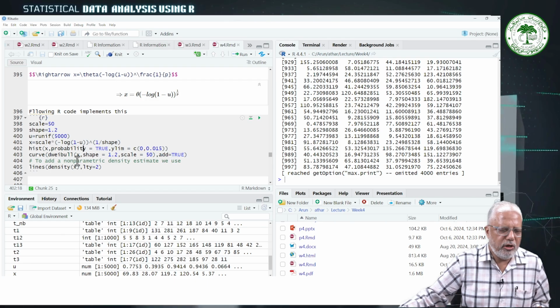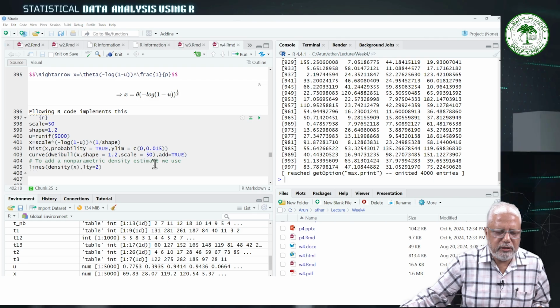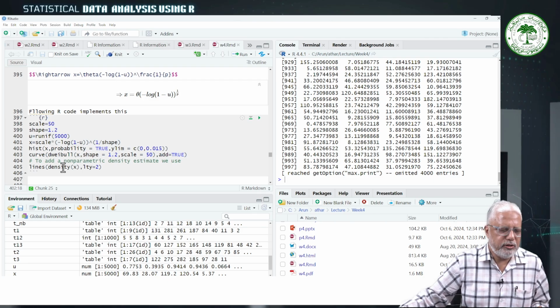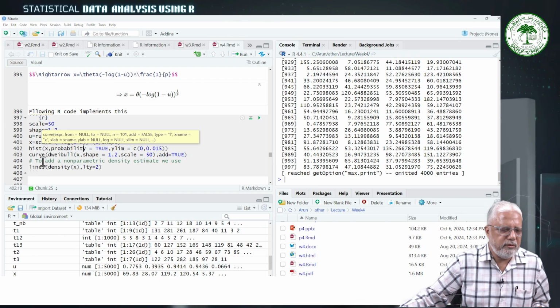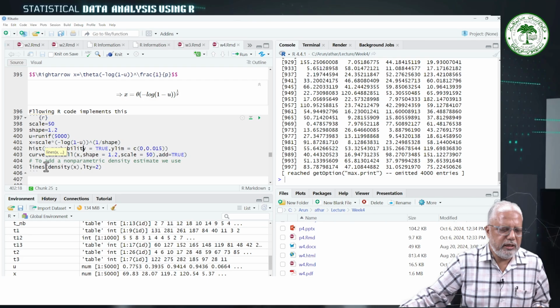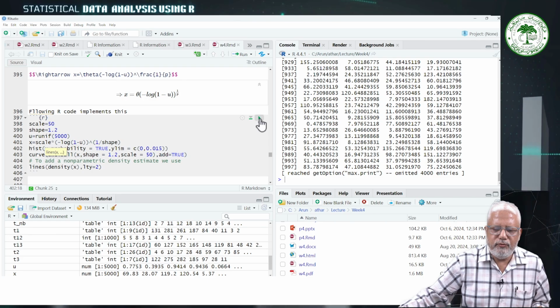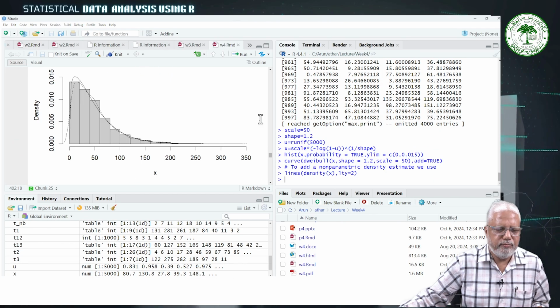And actually on this we can add a non-parametric density estimate. The function is density. And since we are adding on an existing figure, it is not plot, it is lines, because lines is the low level graphic function. So when we run these codes, we are getting the curve.